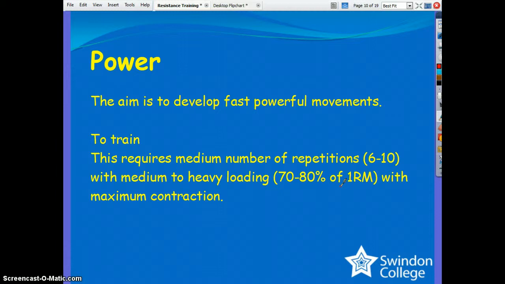So key information here is that we're doing 6 to 10 reps, and we are using medium to heavy loading, so about 78% of a 1 rep max, and done to a maximum contraction. So when we're pushing the weight, we're pushing as hard as we can, and then slowly letting it back down. We contract as hard as we can, slowly let it back to the start position.